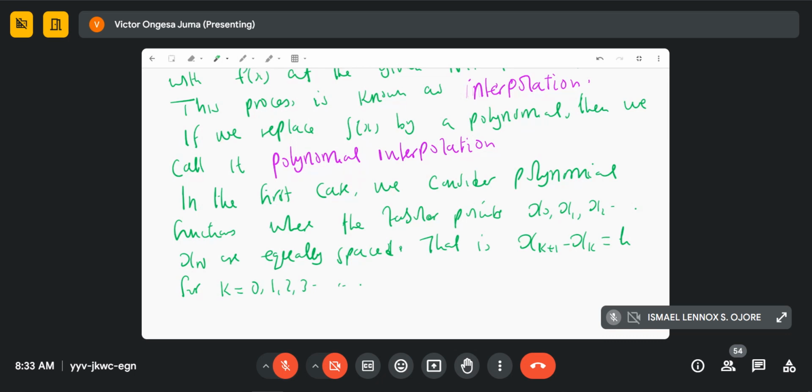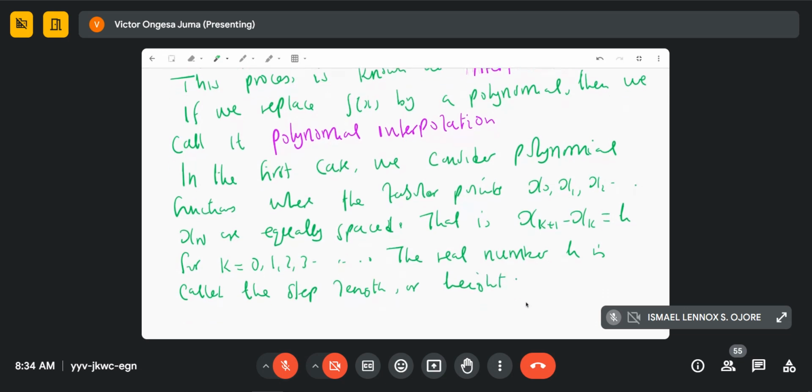So this real number h is called the step length, or the height, or the thickness, whichever you want to call it.